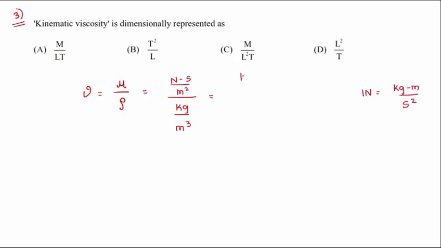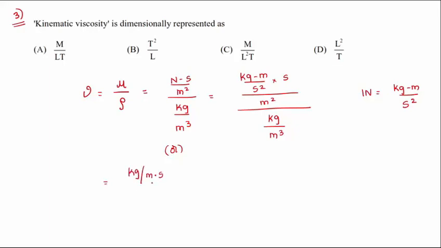Substitute that here, kg meter per second square into second by meter square by kg per meter cube. Or else you can write the units of mu as kg per meter second also by kg per meter cube. Okay, any analysis you can do.